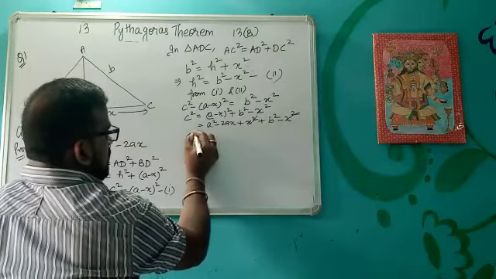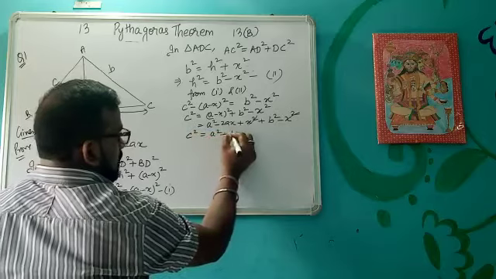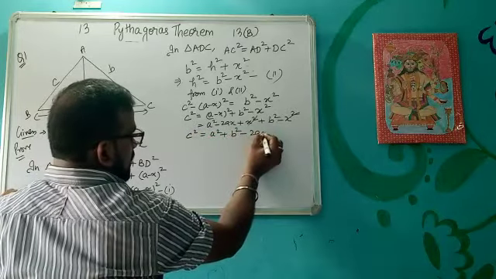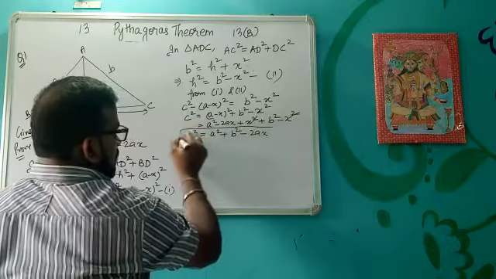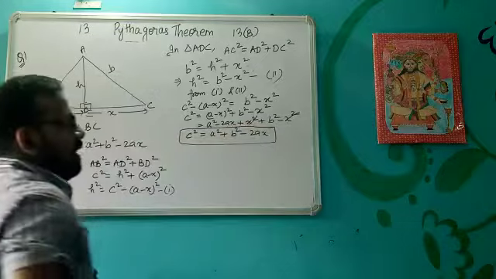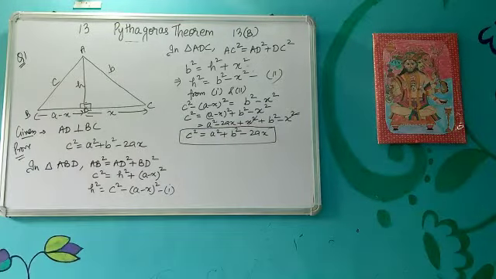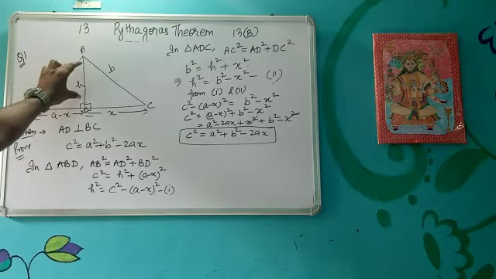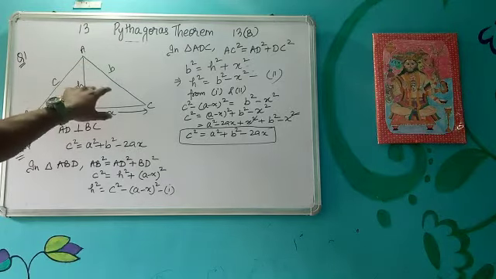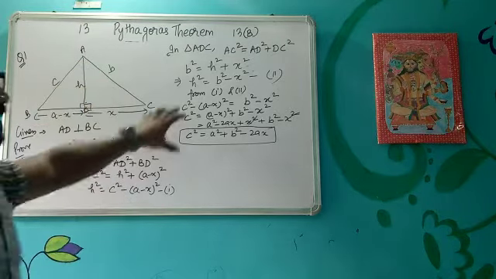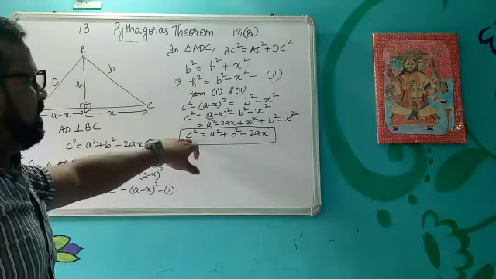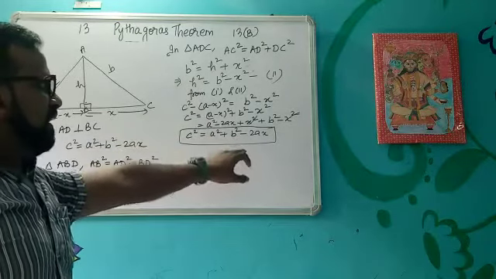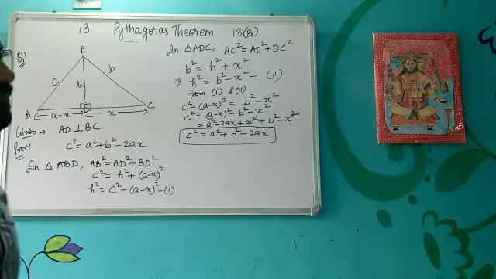So finally c square is a square plus b square minus 2ax. Okay. Hence, we have taken this AD as common side in both the triangles. Then we have compared these two values of h square, and after some simplification, finally we got the proof.